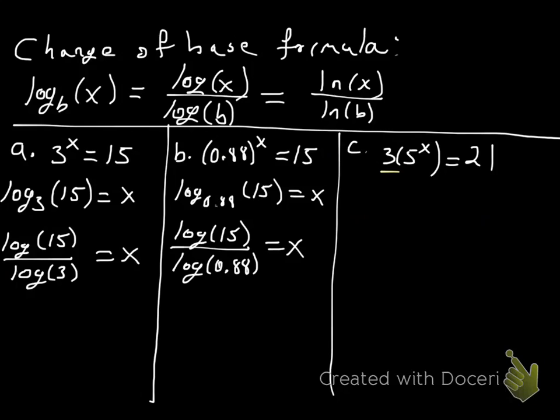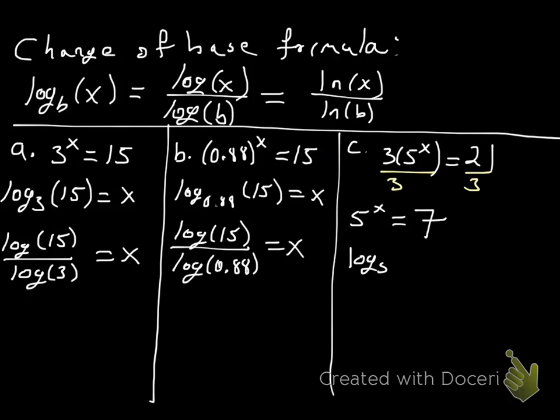3 times 5 to the x power equals 21. Again, we need to isolate the exponential. We'll divide both sides by 3. And I see I made a mistake. Let's change this. This should be a 7. All right.